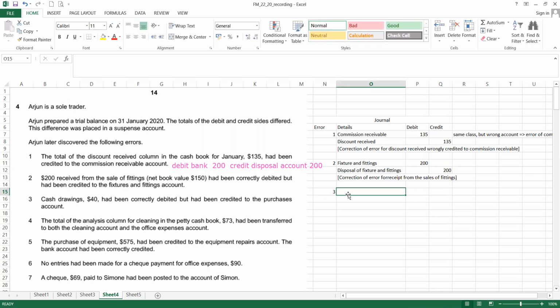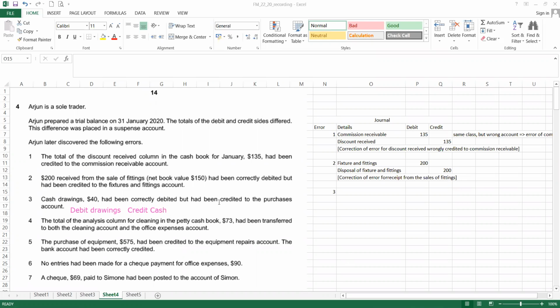Number 3, cash drawing 40 has been correctly debited but has been credited to the purchases account. By right, this cash drawing should be debit drawing account, credit cash account.